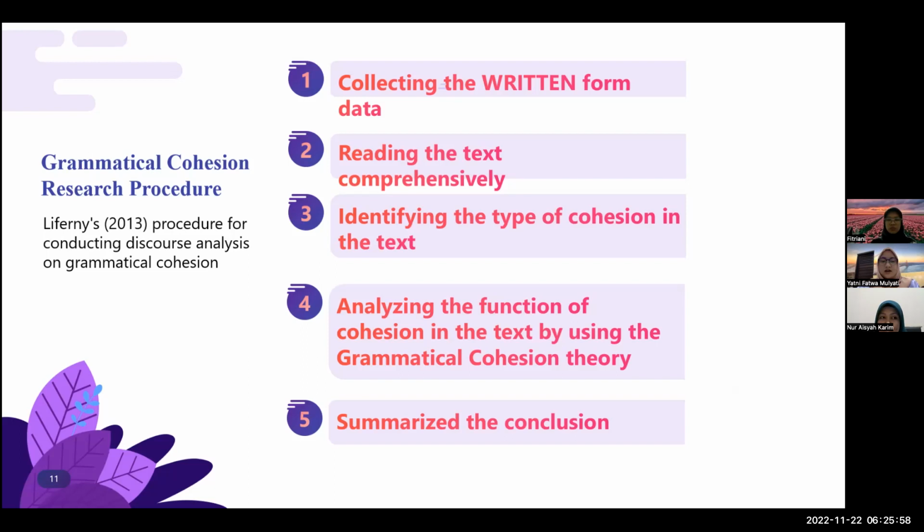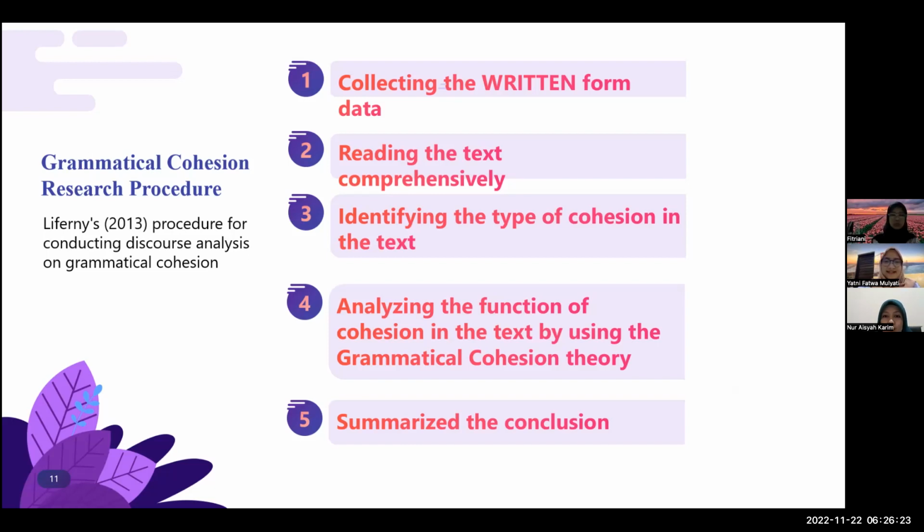It's okay, because we don't find an exact research process that you have to follow. It depends on your focus of research. If you want to focus on identifying only, then it's okay to continue into the third step and then summarize the conclusion. And then next is for the example.